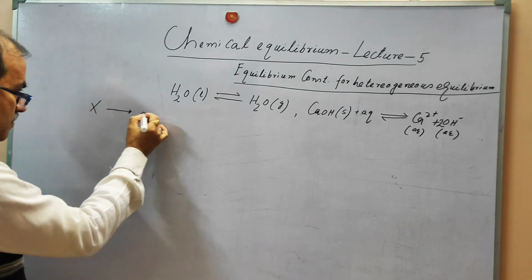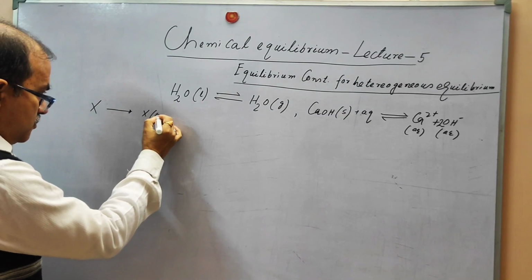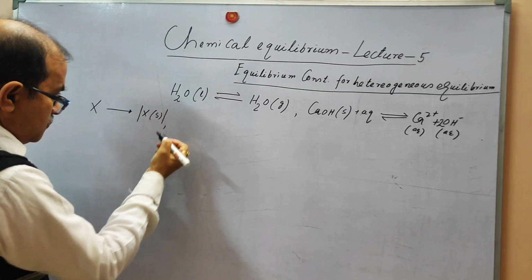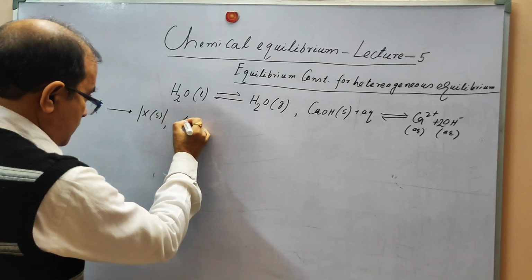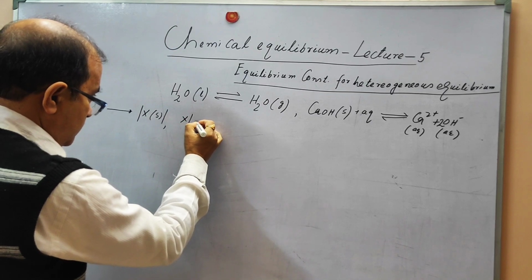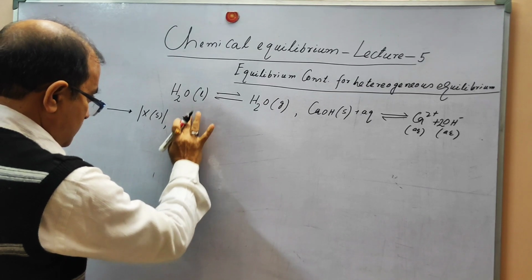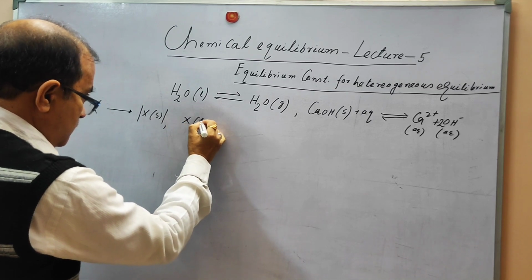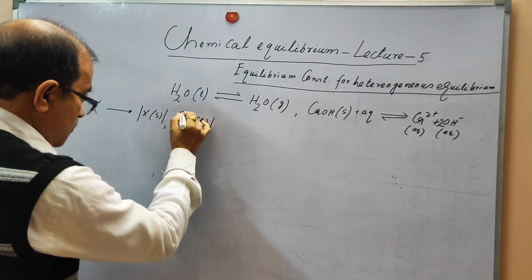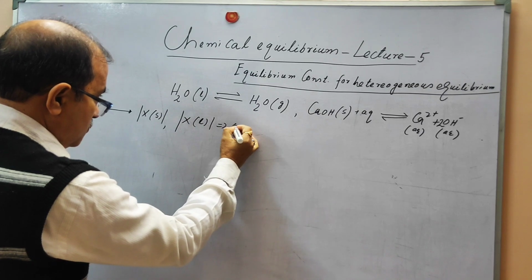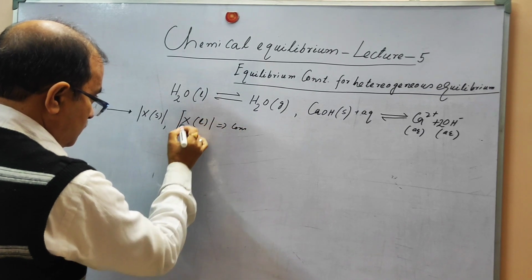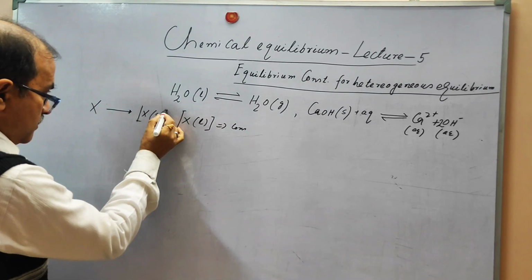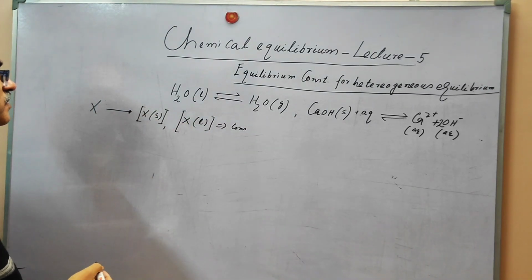The molar concentration of this substance in the solid state, or in the liquid state, will be constant. We put it in square brackets because we are expressing the molar concentration.